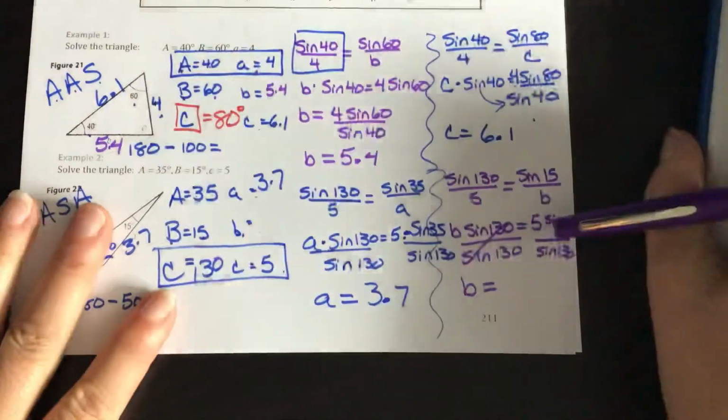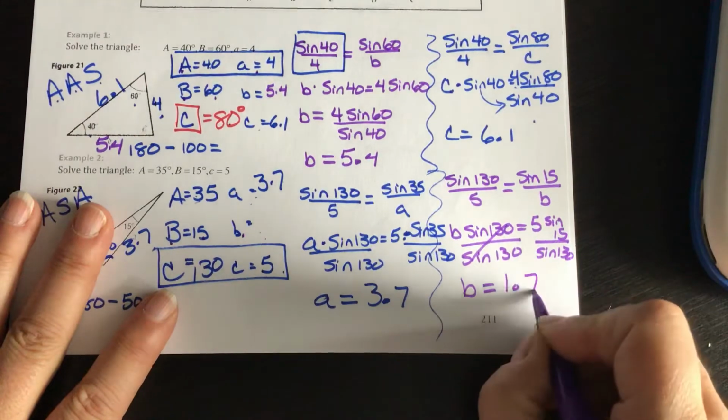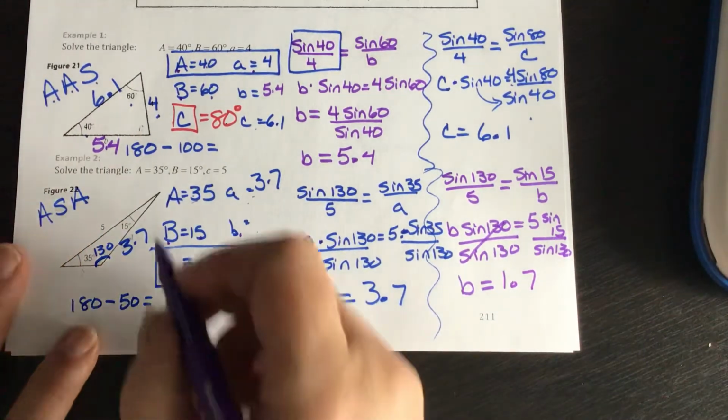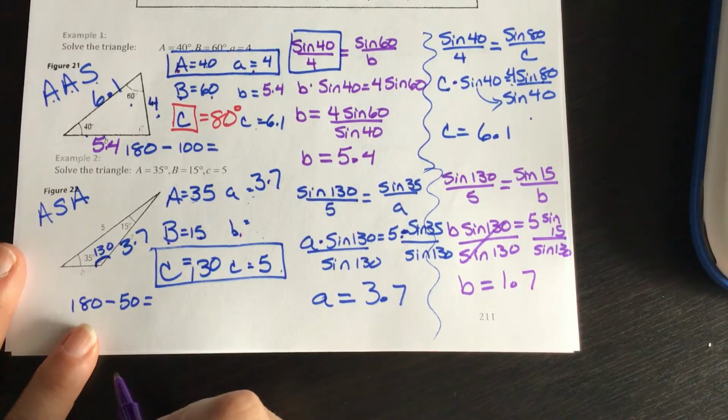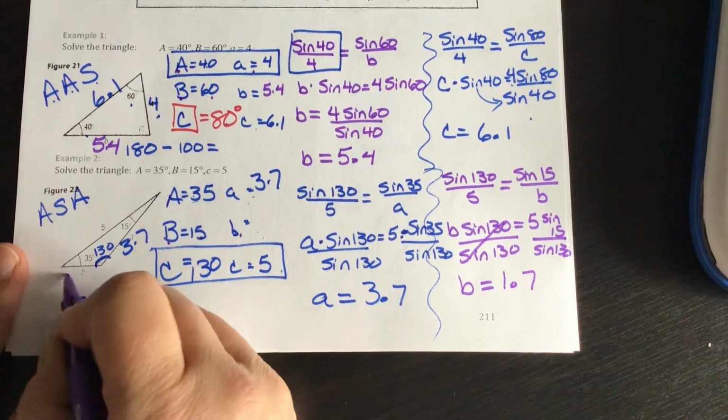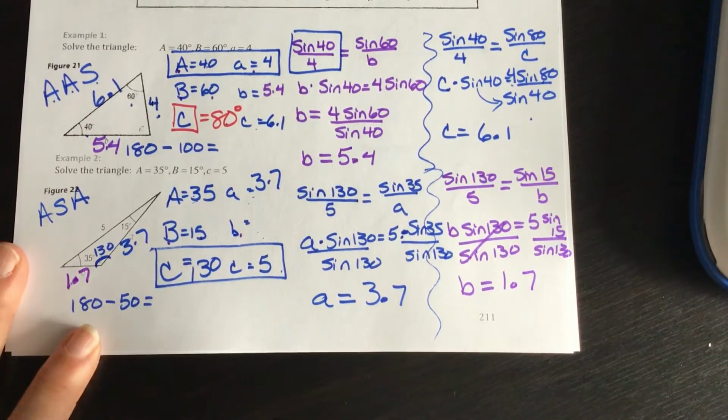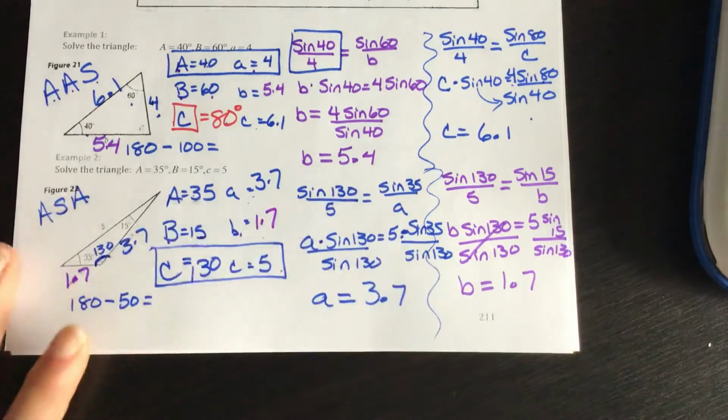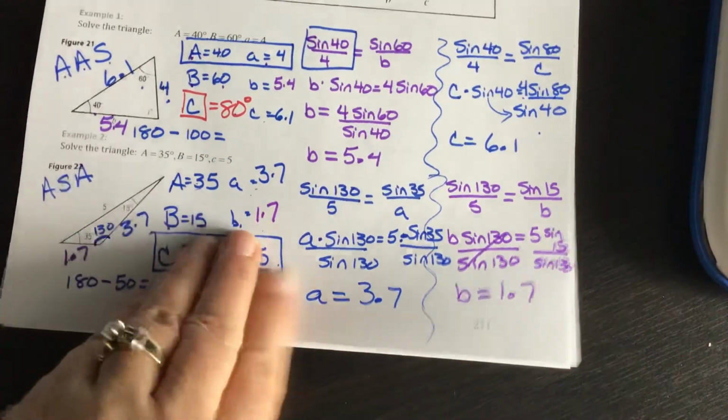That's 1.68, or I'll call that 1.7. All right, so side B is 1.7. All right, we now know all the parts of the triangle.